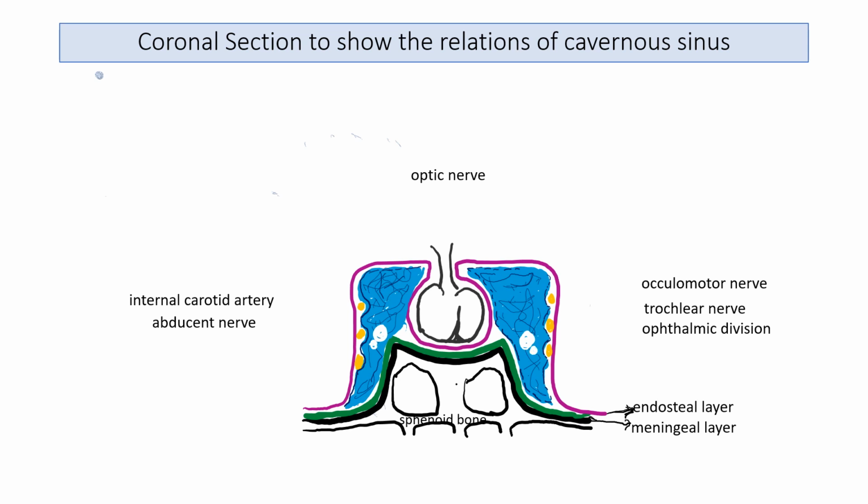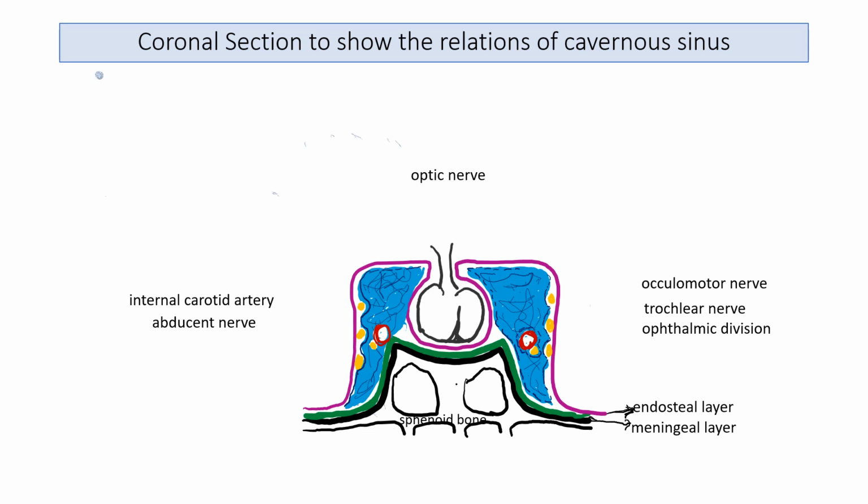So to draw the artery here, this is the internal carotid artery on both sides, and the abducens nerve inferior and lateral to the artery. Okay, and this is also going to be separated from the venous blood by this endothelial lining.